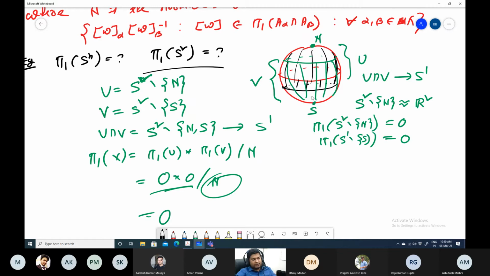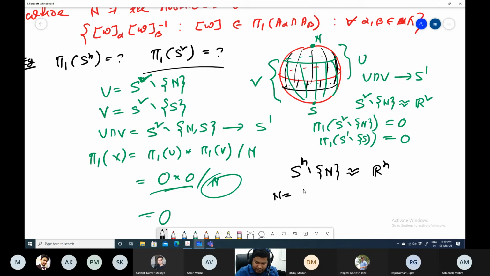So we know the stereographic projection, right? We can project through n, and we can also project through s. That is called a stereographic projection in n. If you take S^n minus n, it is homeomorphic to R^n.